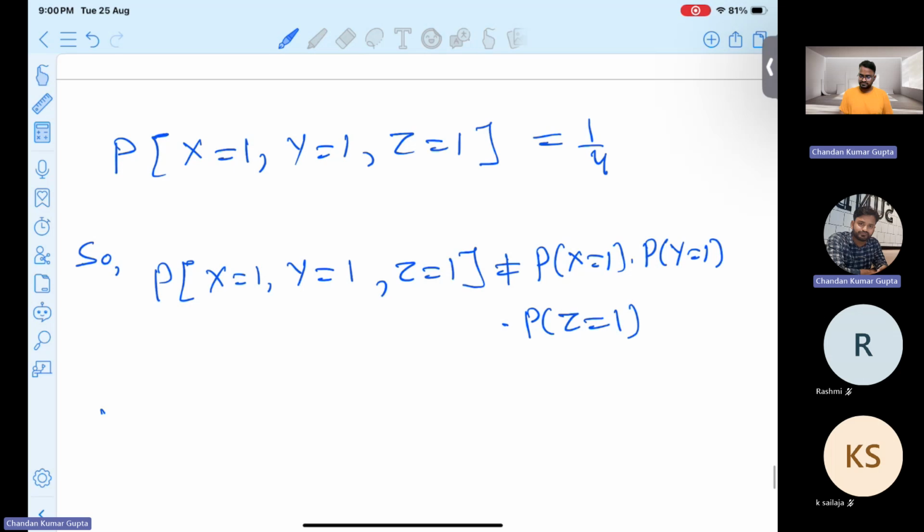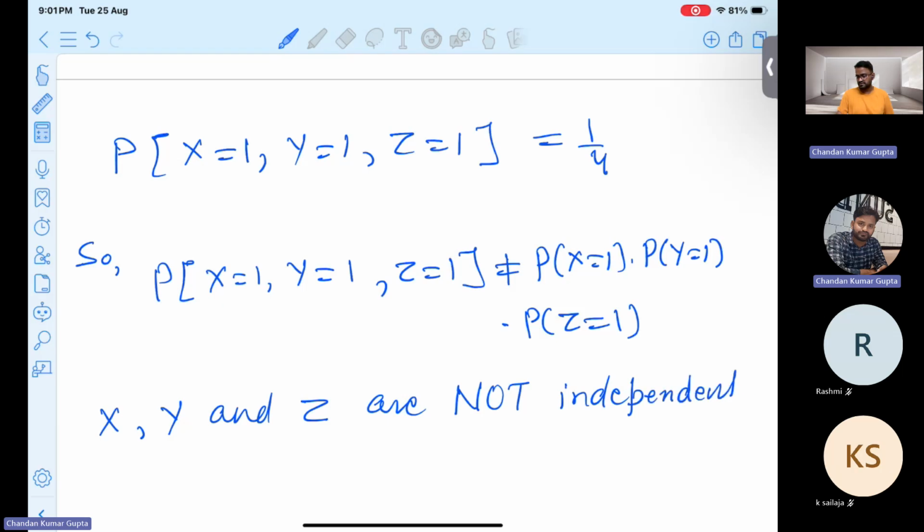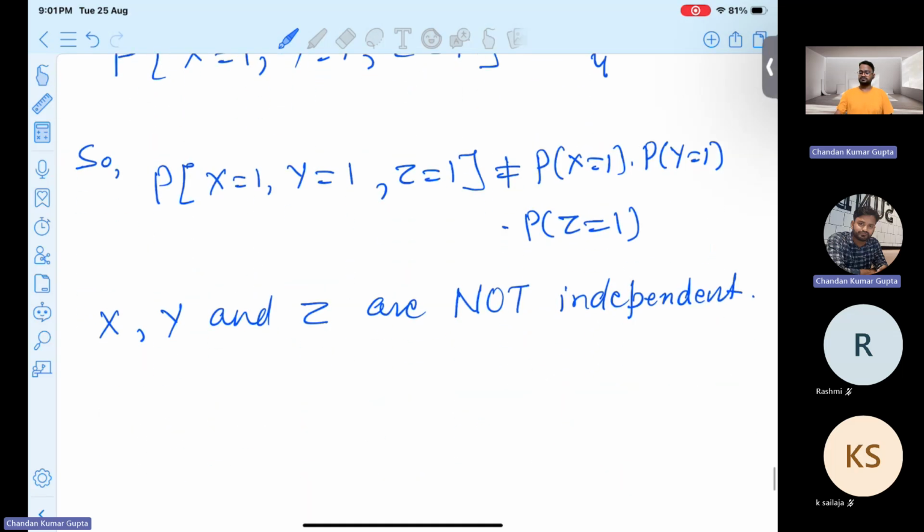So that means x, y, and z are not independent. Is it okay? That means x, y, and z are pairwise independent, but not mutually independent. So this is the case.